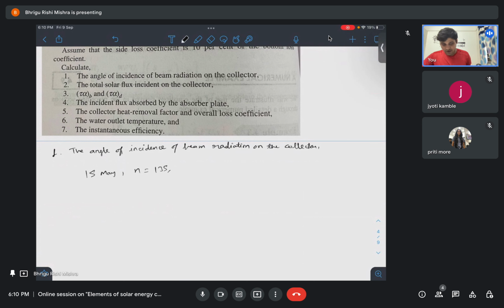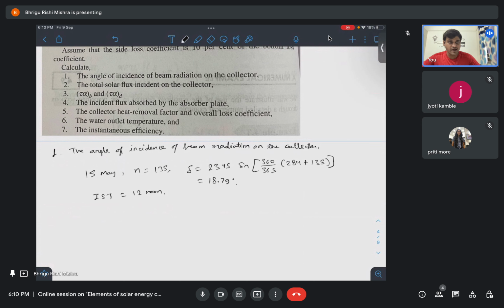Now we can calculate the declination angle delta, which is 23.45 sine of 360 by 365 times (284 plus 135), and if you solve this you will get delta equals 18.79 degree.